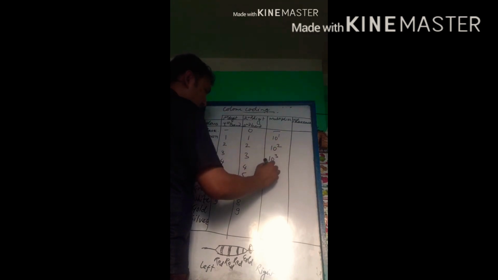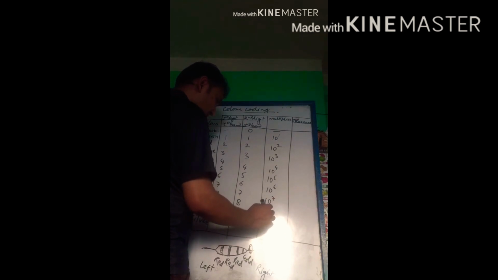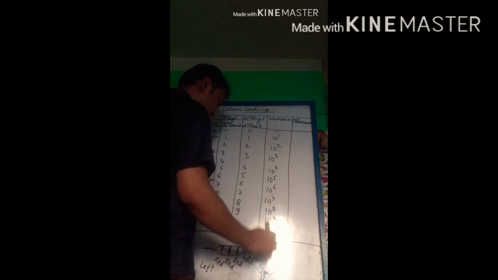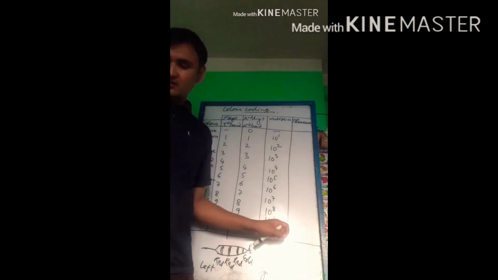Similarly, 10 to the power 3, 10 to the power 4, 10 to the power 5, 10 to the power 6, 10 to the power 7, 10 to the power 8 and 10 to the power 9 up to here. And gold and silver won't come in these three bands.